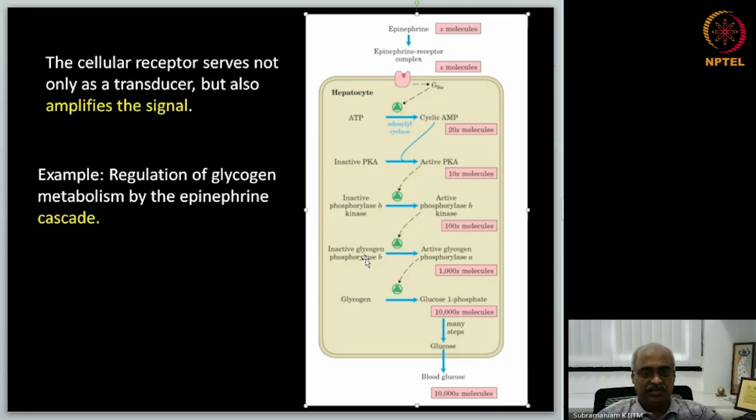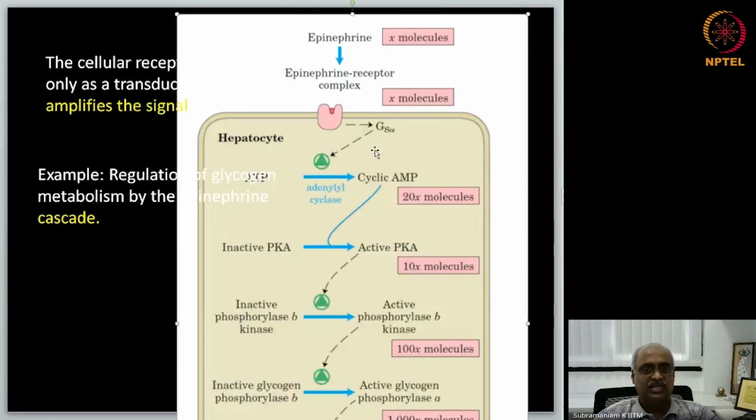So the letters are small, so I blow it up a little bit so that you can see. So you have, let us say, X molecules of epinephrine binding to epinephrine receptor on the cell surface. And that activates this G protein and then cyclic AMP, and that cyclic AMP production is by adenylyl cyclase.